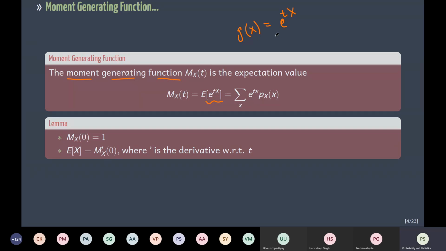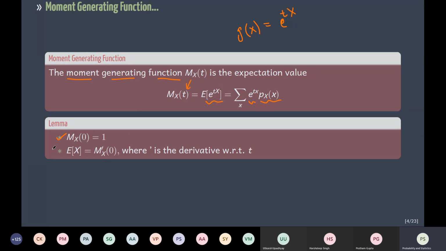If I take the expectation of g of x, then we have defined before that it will be the sum of e to the t x times the PMF of the random variable x. The moment generating function is a function of t. If I put t equals to 0, then I get 1.